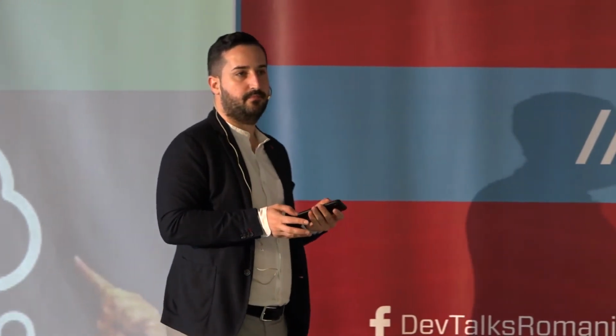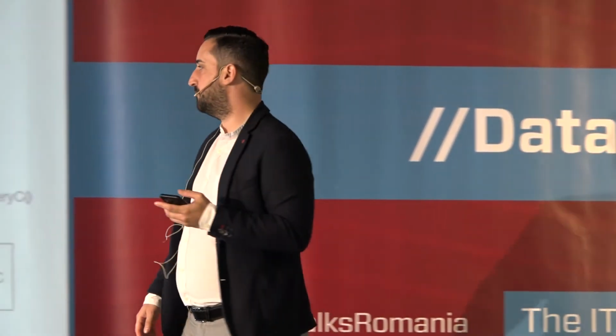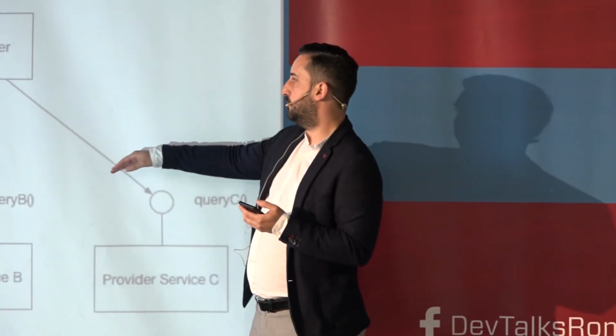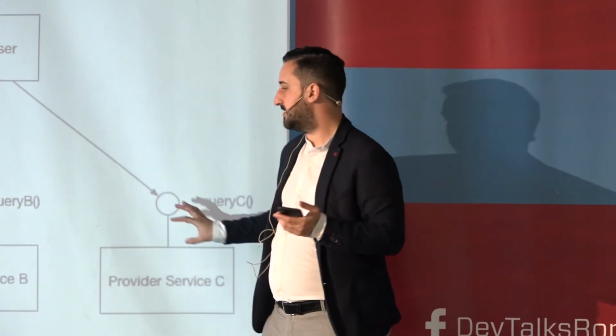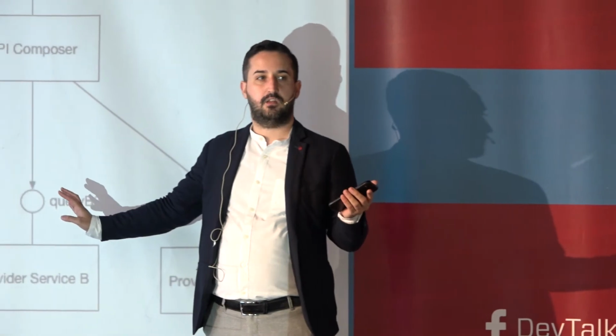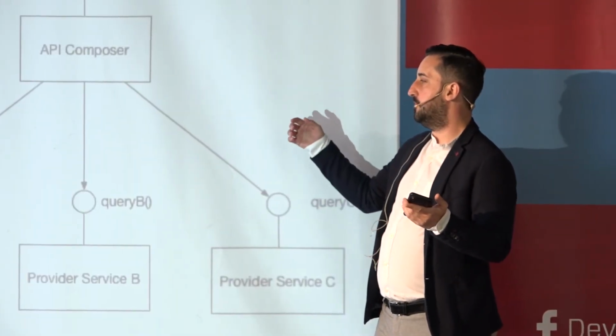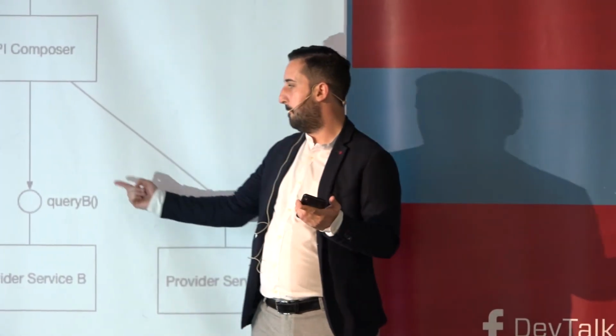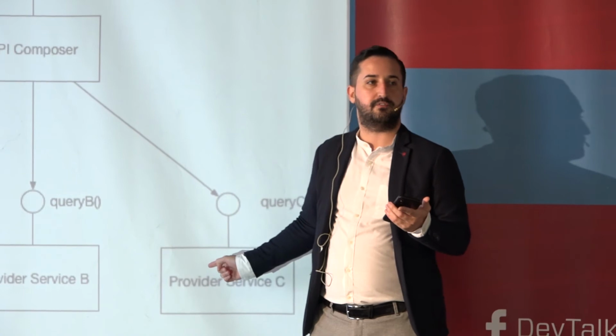So now the next pattern is what we chose, and it's called API composition. What happens is that you no longer have any event stores, you don't have any views, you just have database owners, that's it. But whenever you want to query data, you will have to query it by using all those services.